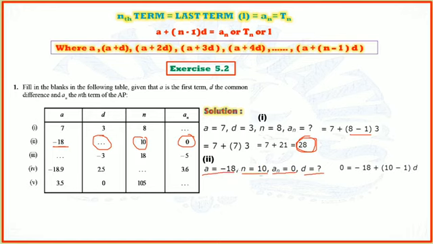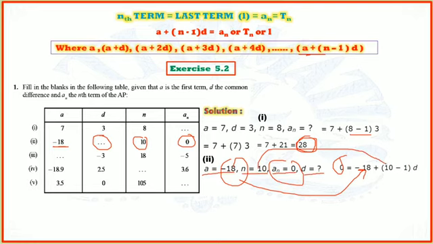The a_n on the right hand side is given as 0, so we put 0 here. It equals a plus (n minus 1) into d. a is minus 18, so minus 18 goes here, plus n is equal to 10, so 10 minus 1 into d. d is not given, we have to find it out.